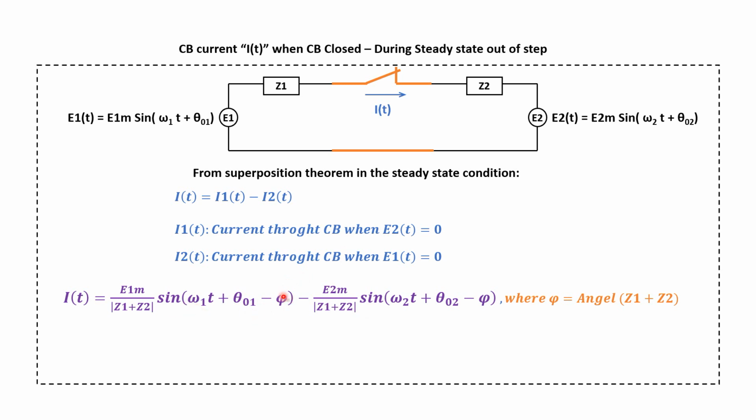For both of them we have the same phase angle phi, which is the angle of Z1 plus Z2, if I put minus here.